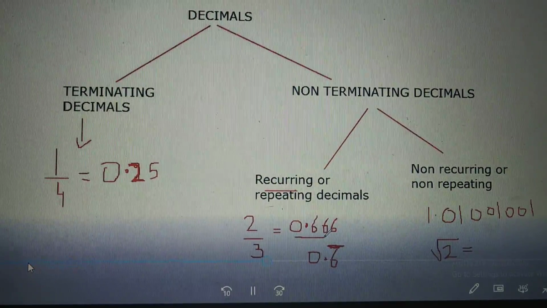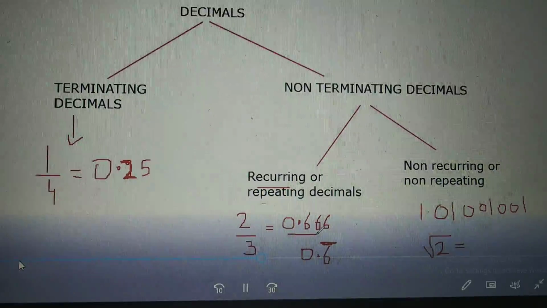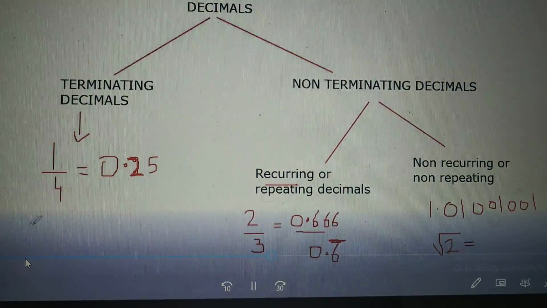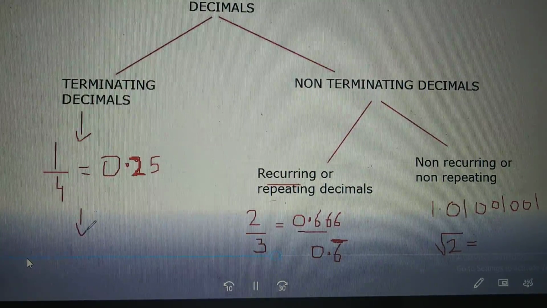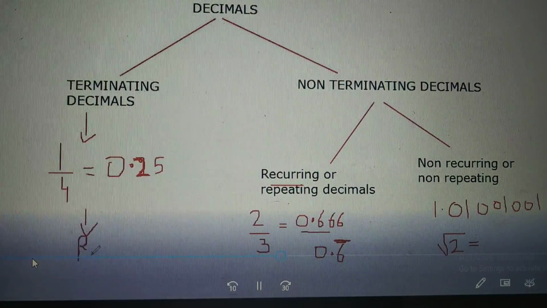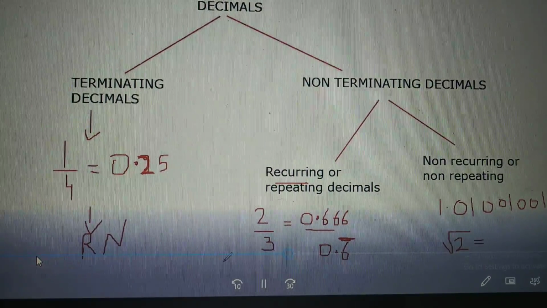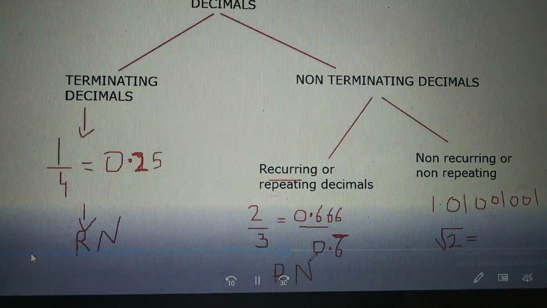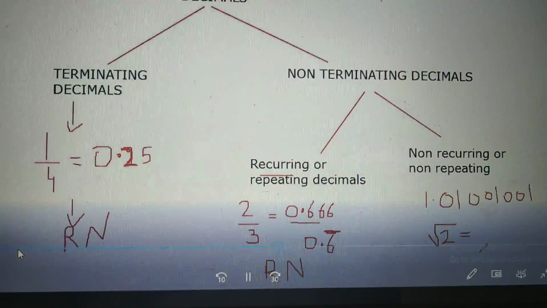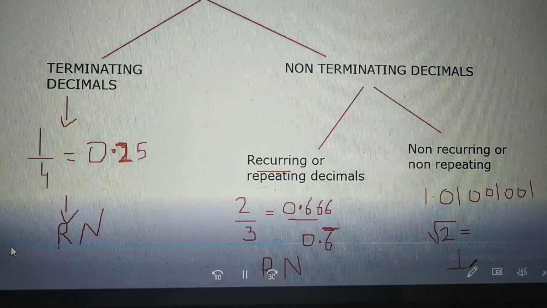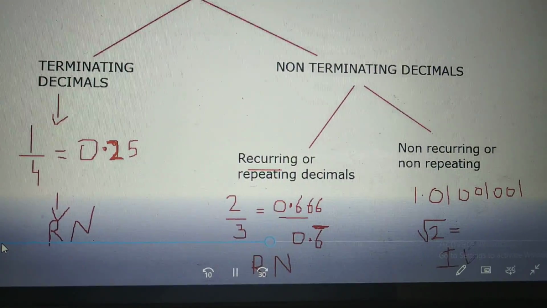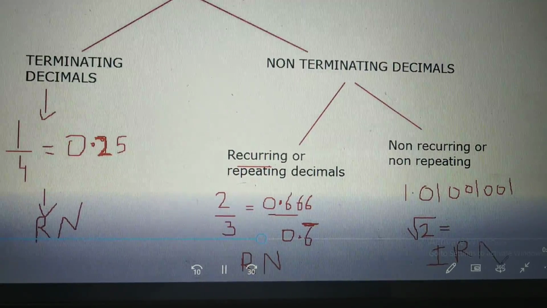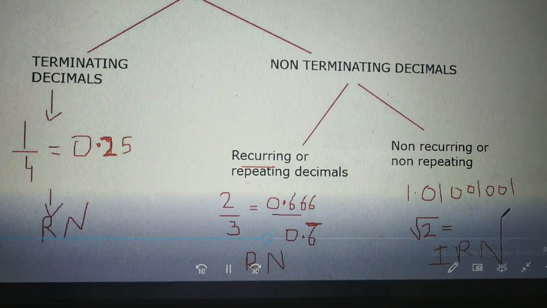So these numbers are called non-terminating, recurring or repeating decimals. Terminating decimals are also rational numbers. Non-terminating, repeating decimals are also rational numbers. But non-terminating, non-recurring or non-repeating decimals are irrational numbers. These are not in the form of p by q.